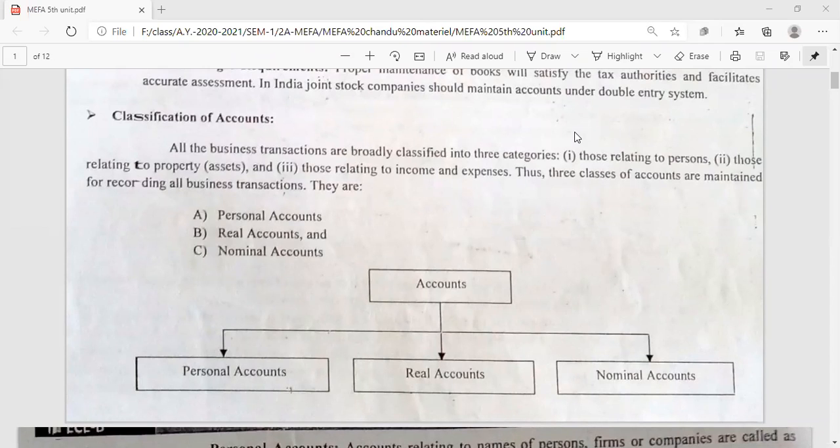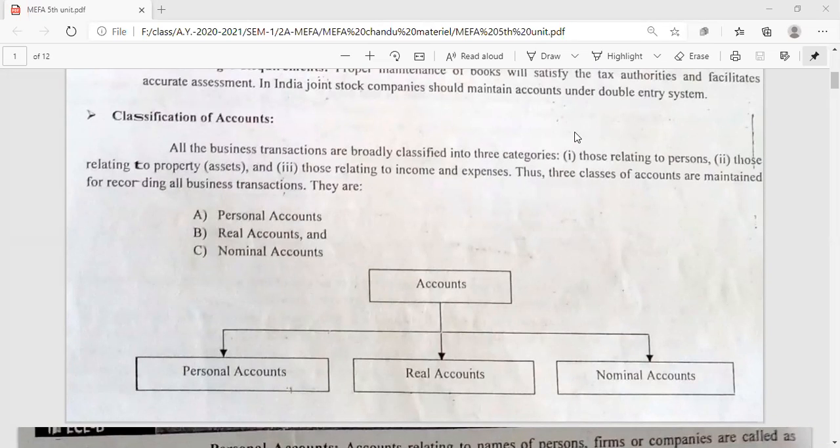All the business transactions are broadly classified into three categories. One is relating to a particular person. The other one is relating to a property or an asset. Machinery is also called an asset or a property.